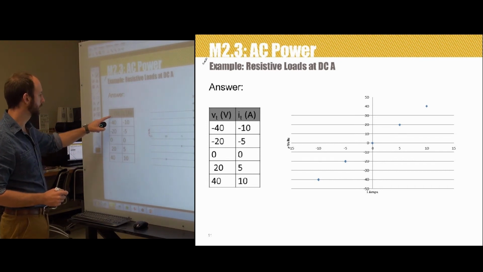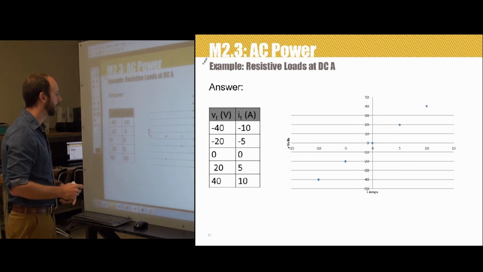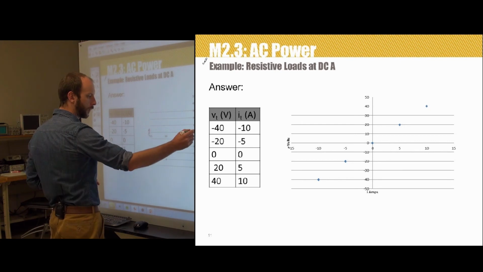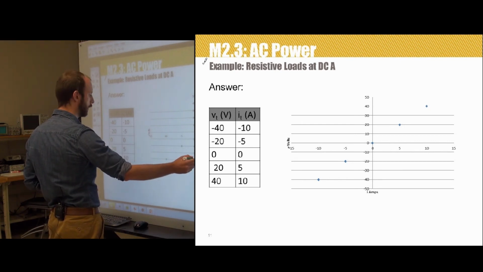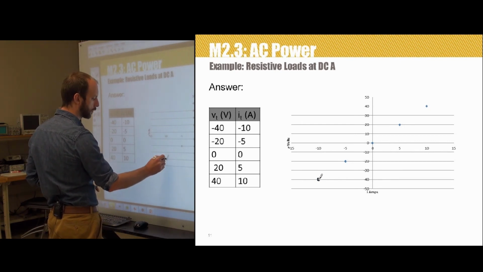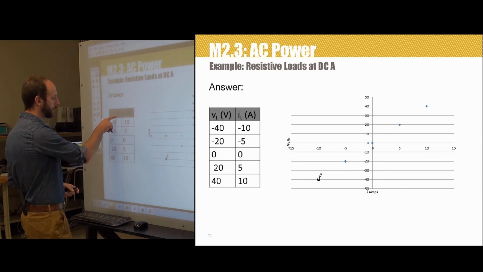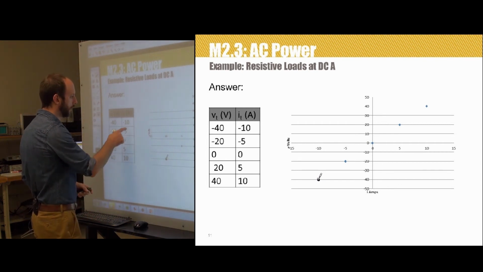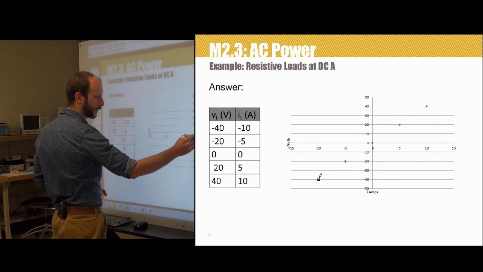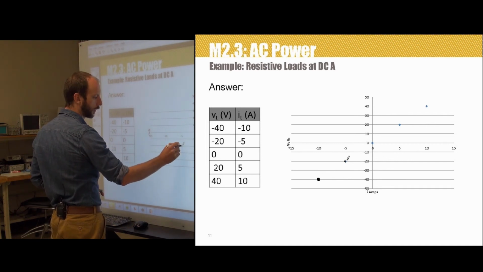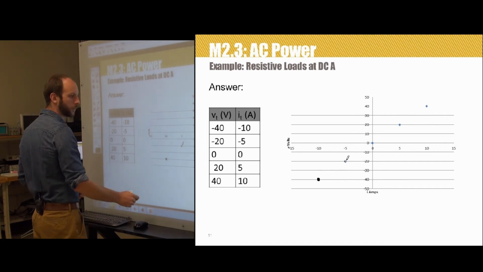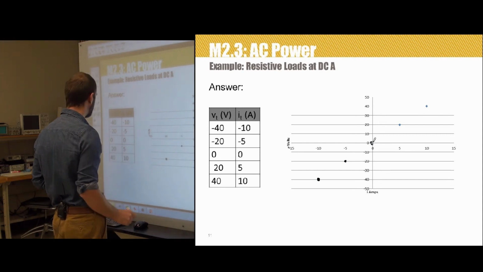So we come here, we see V of t volts is negative 40, so we come down to the negative 40, and we go to the negative 10, so that's 1 point. And then V of t is negative 20, and I of t is negative 5, so that's negative 5, negative 20. There's a point at the origin, 0, 0.